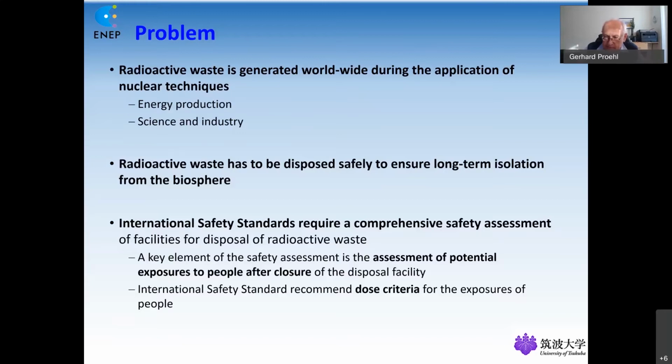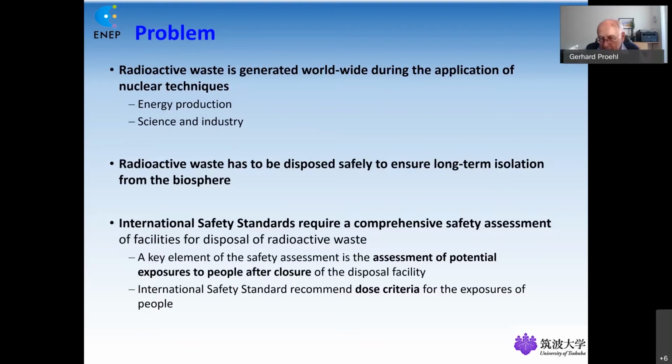For this purpose, to ensure this, international safety standards have been developed. According to the safety standards, it is required to perform comprehensive safety assessments of facilities for disposal of radioactive waste.